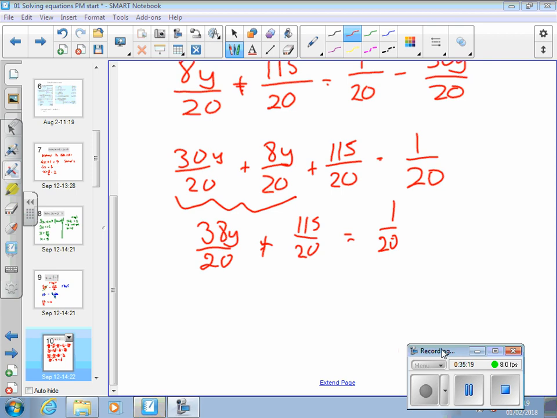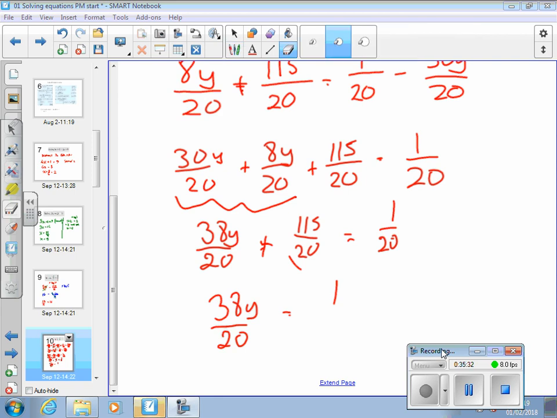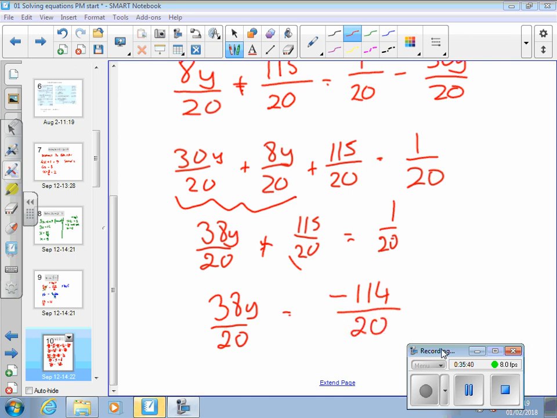And now we can subtract this one from both sides, so we end up with 38y over 20 is equal to 1, or we might as well write it as minus 114 over 20. Everyone see where that come from? 1 minus 115 twentieths must be minus 114 twentieths.